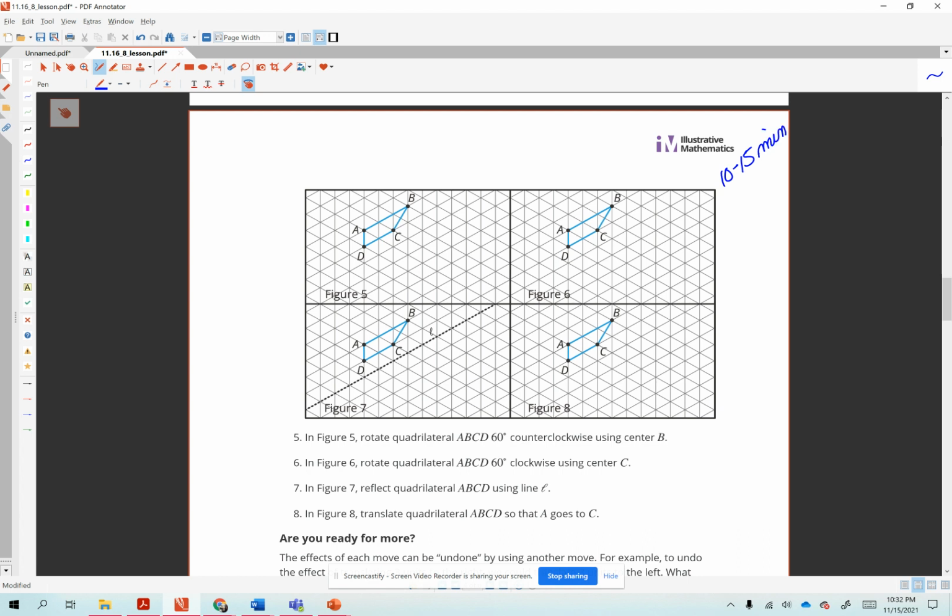So stop the video, and when you do, in figure 5, you're going to rotate quadrilateral ABCD 60 degrees counterclockwise using center B. In figure 6, you're going to rotate quadrilateral ABCD 60 degrees clockwise using center C. In figure 7, we will reflect the quadrilateral ABCD using line L, and in figure 8, we will translate quadrilateral ABCD so that A goes to C. So take 10 to 15 minutes and work on that right now.